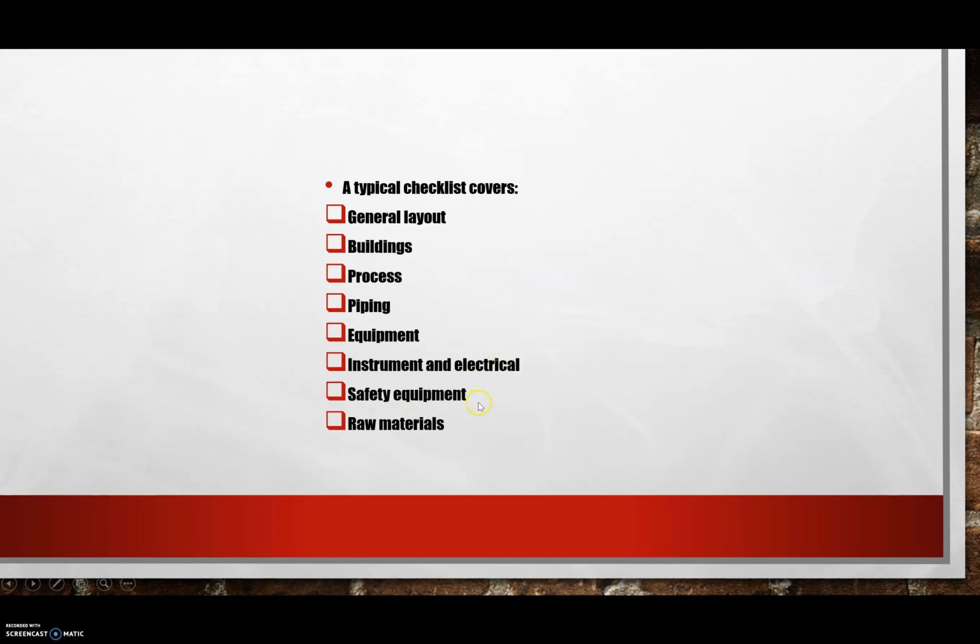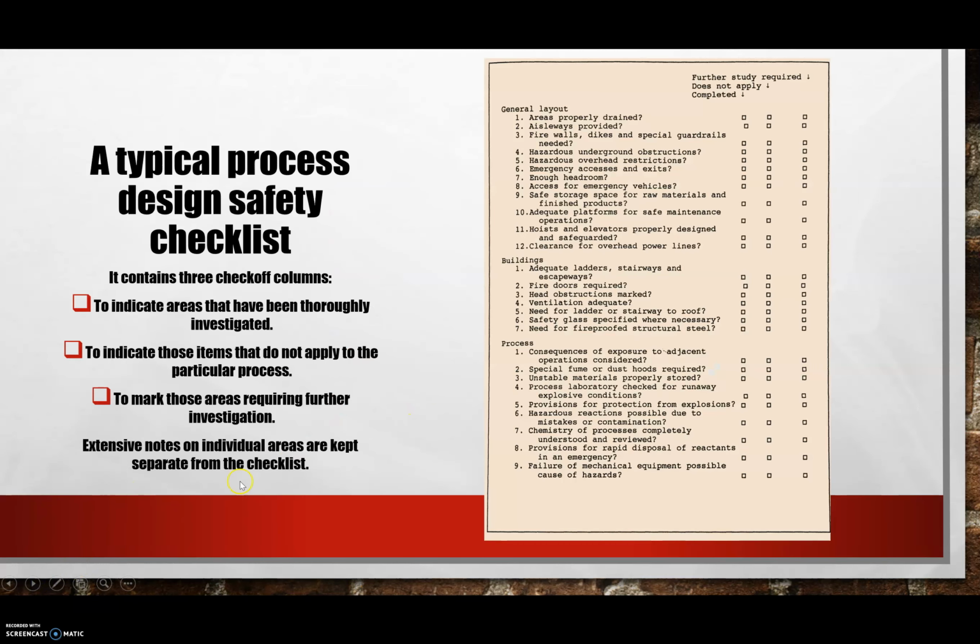How about your fire extinguisher? About all your MSDS files for your chemicals. About your raw materials, your chemicals, where you put it, is it safe? There are sub items that can be listed below this checklist. This is an example of a typical process design safety checklist.